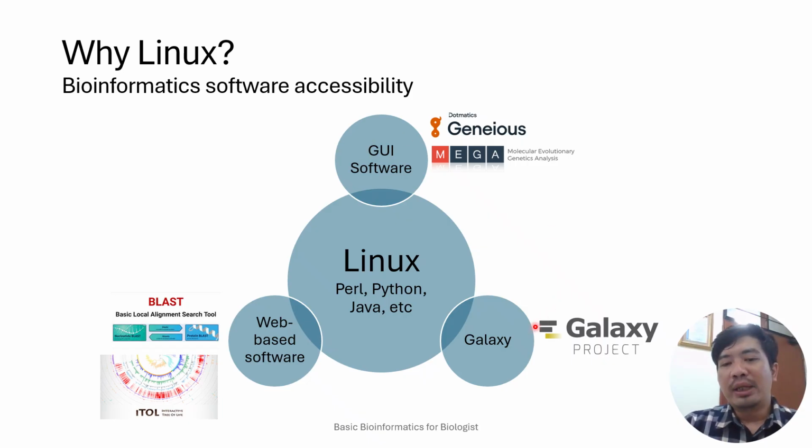Each kind of software has its own limitation. For example, Geneious: you pay, it's a great software, you can do anything, but it's limited by your own computer, right? Because for some tasks like assembly and mapping, you need more resources, so your computer will not handle it.